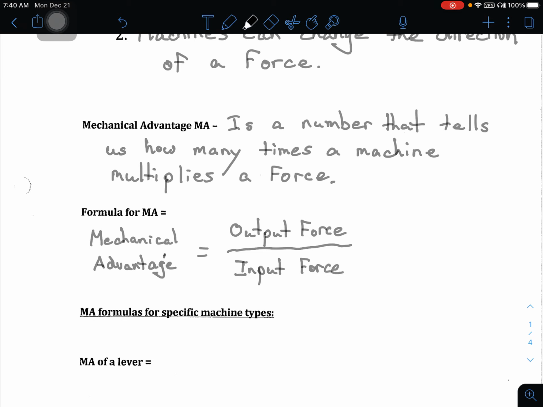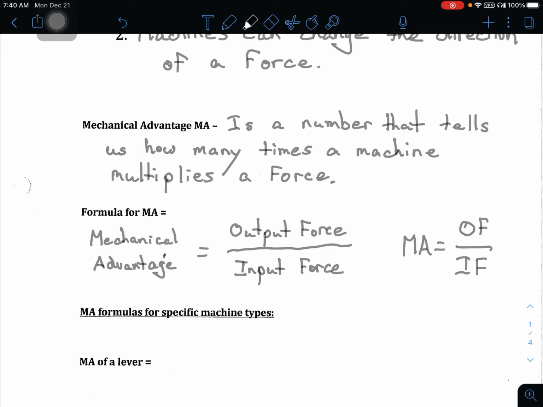If I want to abbreviate all this and write it in terms that are a little simpler, I can say MA equals OF over IF. The output force of the machine divided by the input force.